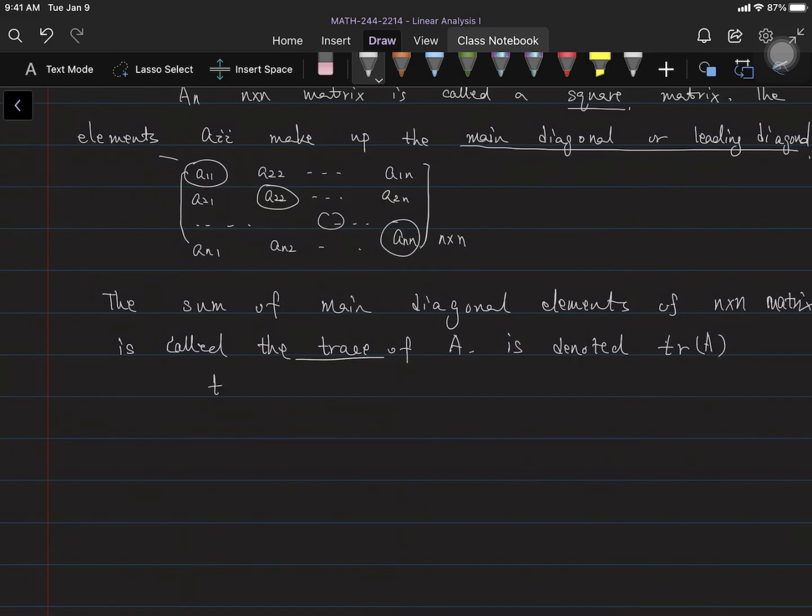So what's the meaning of trace A? Trace A means we add all the main diagonal elements a_11 to a_nn.